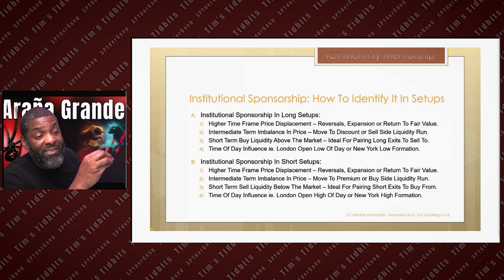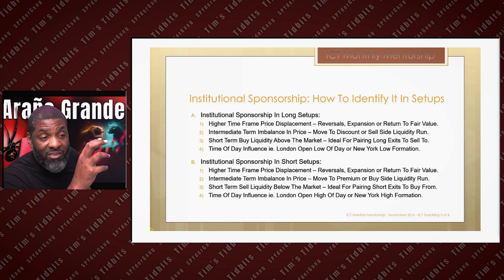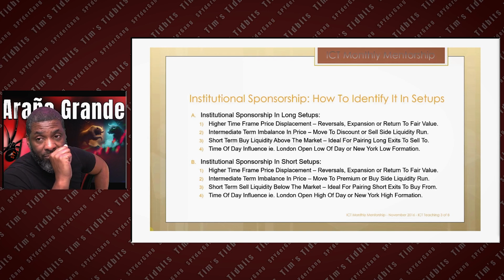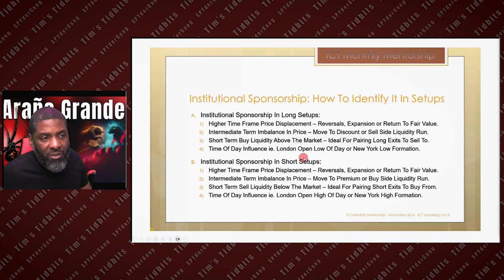Intermediate term imbalance in price, right? Well, Tim, what is that? A move to discount or premium if you're bearish, or sell side or buy side liquidity runs. A move to discount is just a return to fair value.